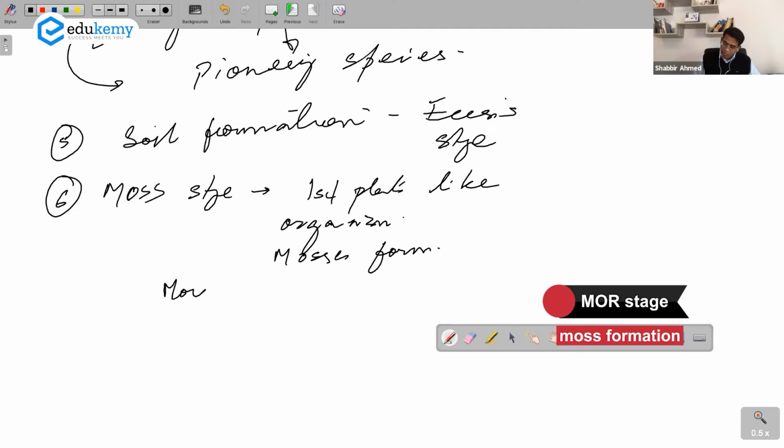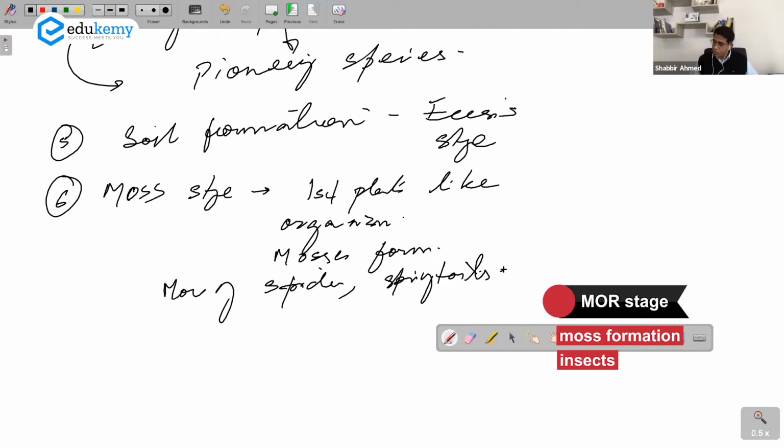There are more spiders and insects like springtails. I remember phyla called Bryophyta, Pteridophyta, if you know a bit of botany. They're not true plants; they have leaf-like and root-like features.